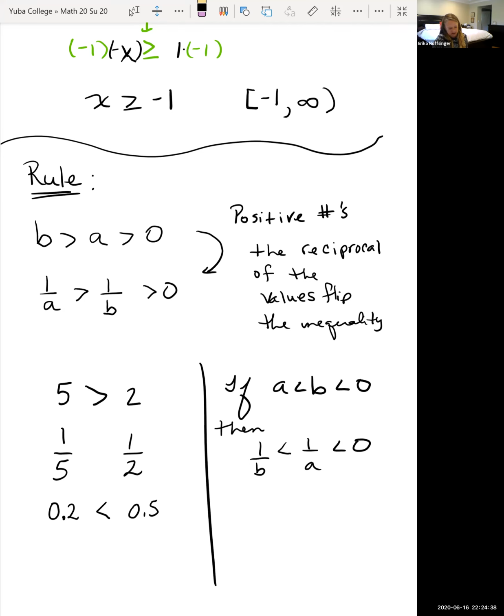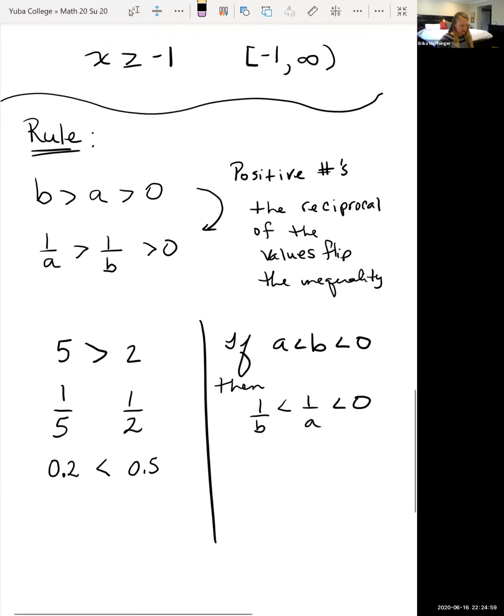So to me, it looks like either way, you're flipping your signs. Because if I brought this down, this would be saying 1 over A is greater than, flip the sign, 1 over B. And the inequality signs are facing the direction correctly.